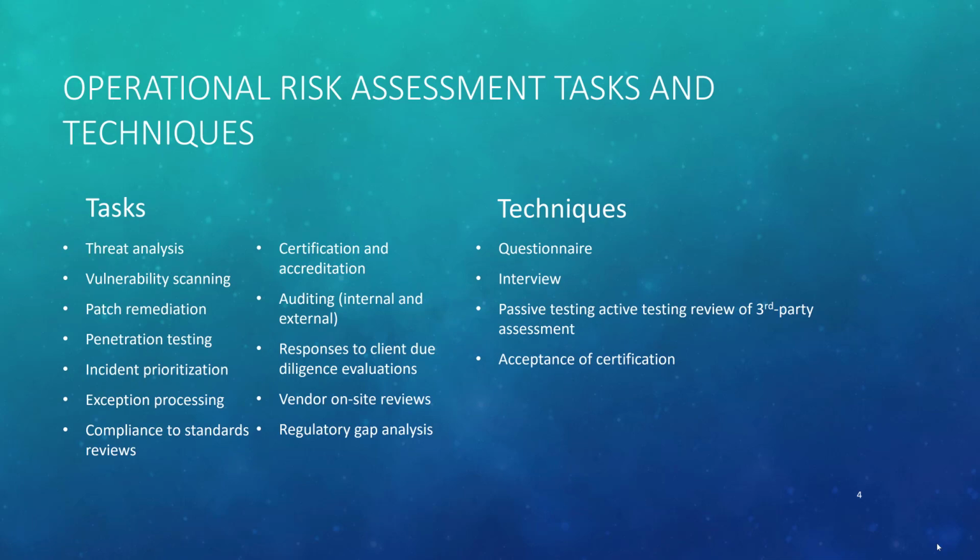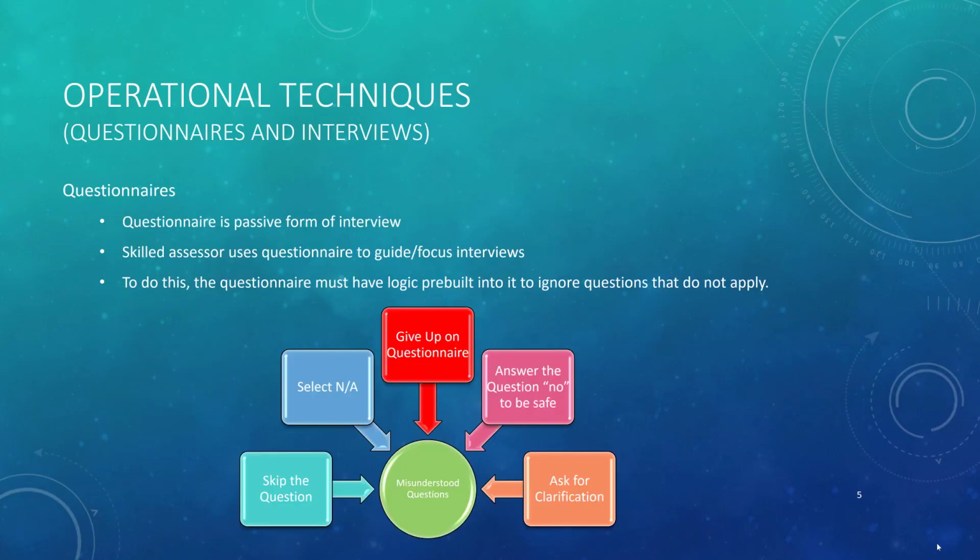Lots of different techniques for doing these things. A questionnaire and interview are some of the mechanisms. You can have passive testing, active testing, and go in and actually start building a certification or accreditation of your underlying IT systems. So again, as you look at this pretty daunting list of what that risk management or security team is going to be doing on an operational basis day to day.